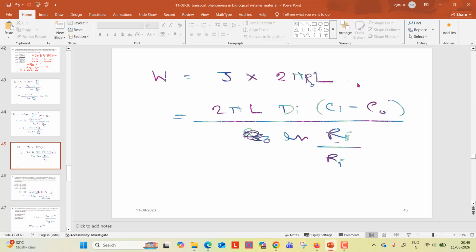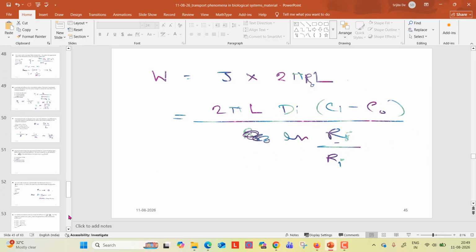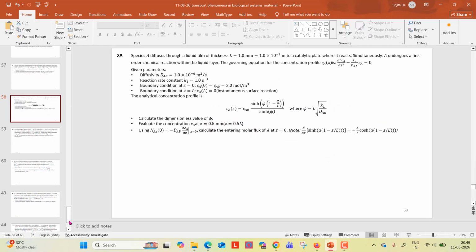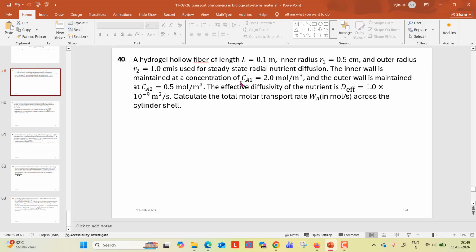We need to use this equation here because steady state cylindrical diffusion is asked. The expression we know: WA is 2 pi L D effective (Ca1 minus Ca2), that means inner minus outer.